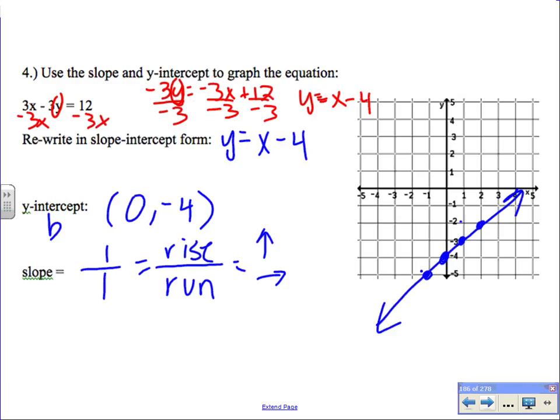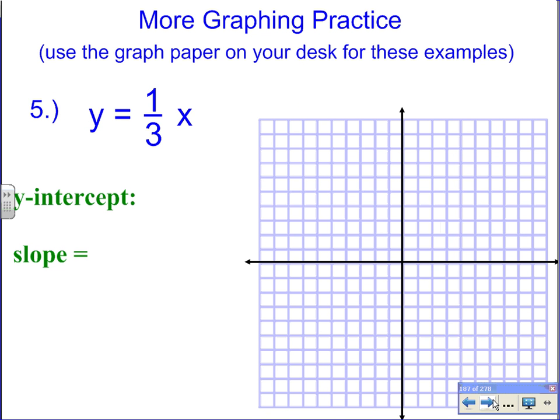Alright, so you guys had graph paper on your desk when you came in. We are going to do extra problems, so write on one of the graphs, number 5, and write y equals 1/3 x. And put a spot for y-intercept, so write out y-intercept and write out slope.